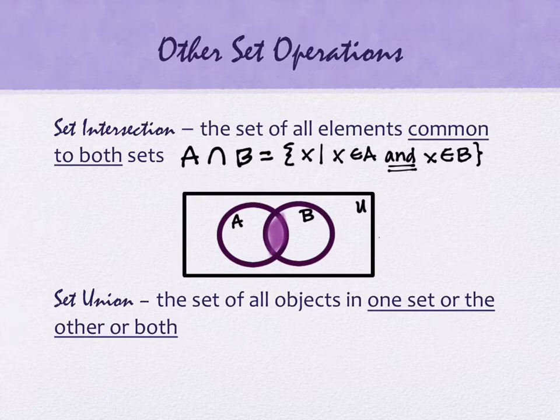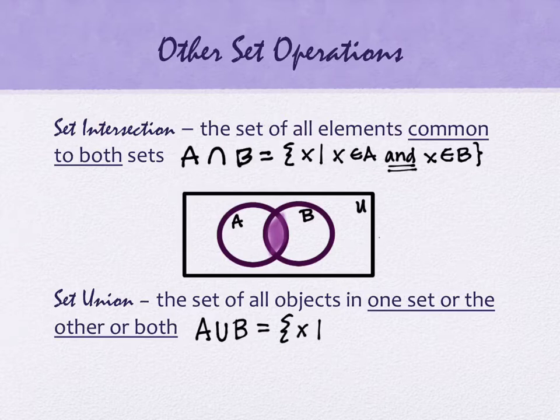Okay. A set union is a little different. A union of sets is where the items are in one set or the other or both. So in a set union, it's actually a U between them. So that one's easy to remember.